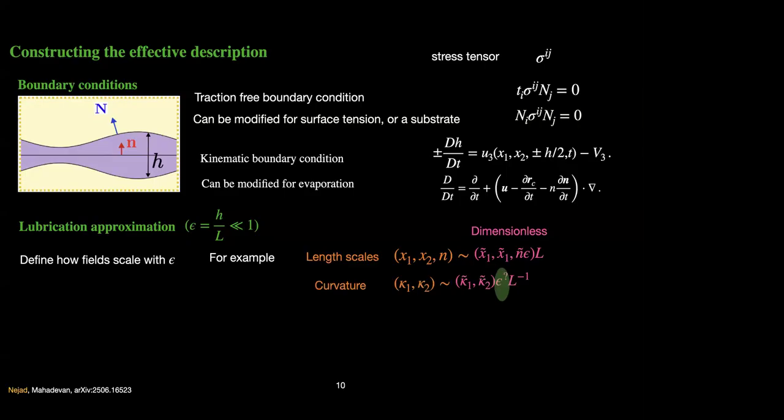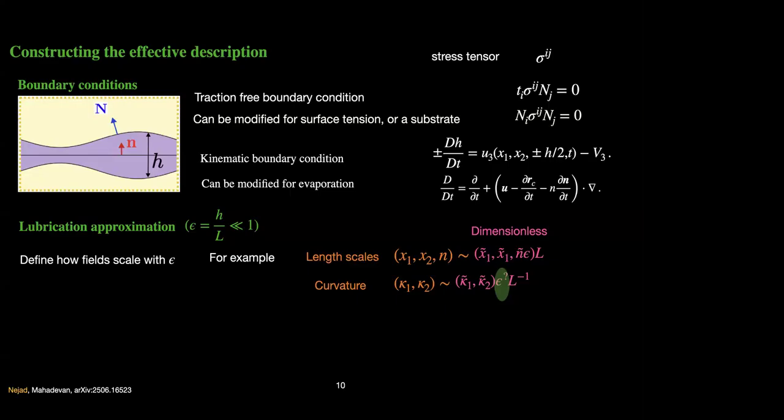And also we need to make an assumption about how the curvature scales with the aspect ratio. For example, if you're thinking of a thin flat layer, then the curvature to the first order is 0, and so the curvature is proportional to epsilon. Whereas if you're thinking of a film which is curved, for example, in many cases like Drosophila, the curvature is not negligible. In that case, to the first order, there is a constant curvature, so the curvature is not proportional to epsilon anymore.